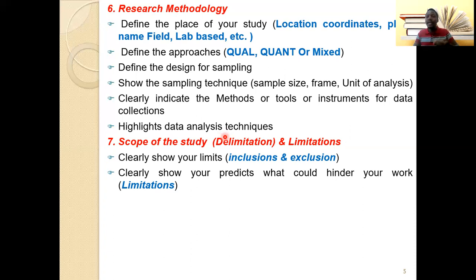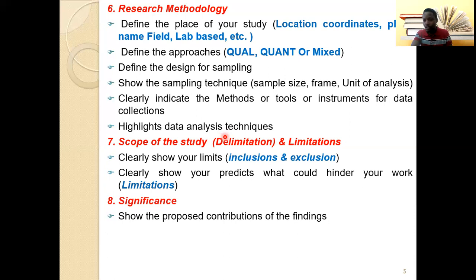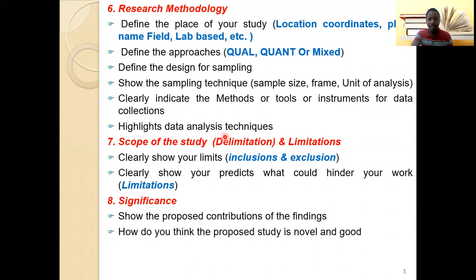And at the end of the day, in the report writing, you need to tell us what were some of the limitations that hindered some of your achievements in your proposed study. And come up with the significance. Tell us, show what the contributions of your study are, and how you find that your study is more relevant to be performed rather than what exists in relation to that particular perspective, and how good it is.